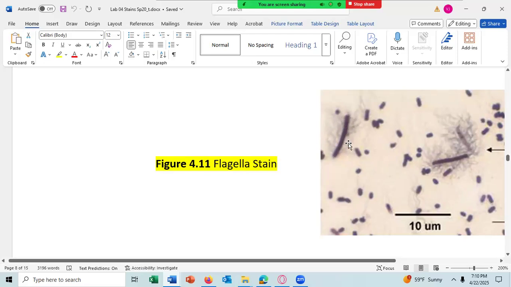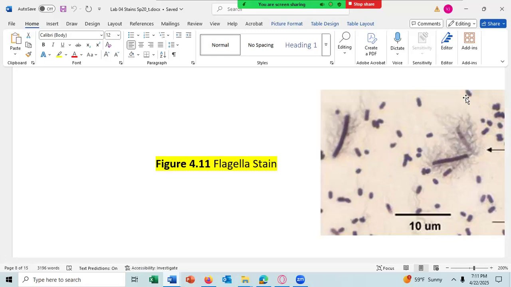The difference is some of the cells just haven't put out all the flagella. Some of the cells only have one flagella on one end, and some of the cells might have no flagella. So it just depends on where you're catching the cell and its ability to make the flagella.